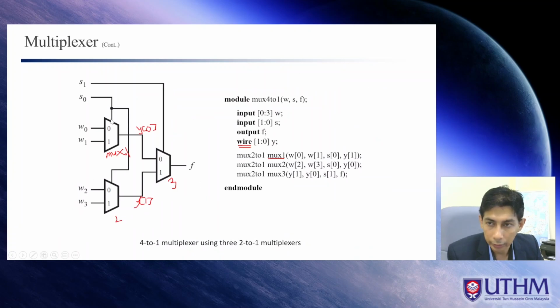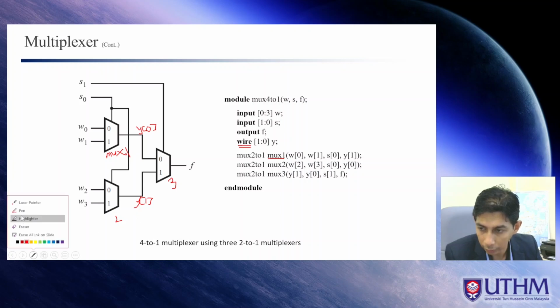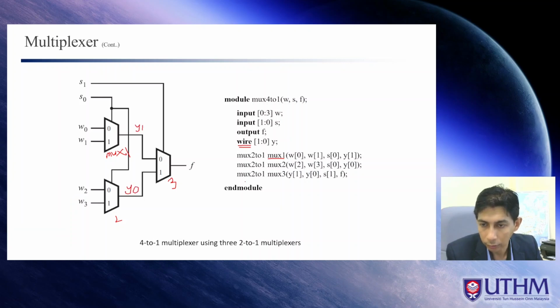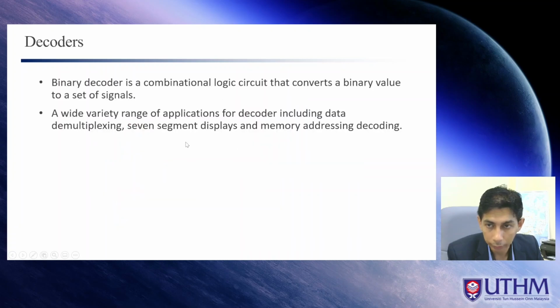So in this case, should be S0 for S. F should be Y1. So this is wrong. I labeled it wrongly, so I want to change this. This is not Y0, but Y1 in our case. This is Y1. This is Y0. Okay. So that S here is actually connected to Y1, right?